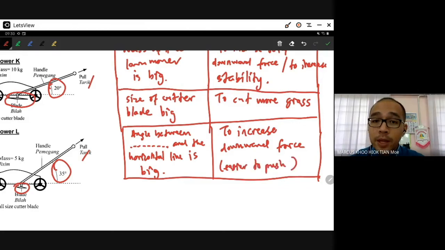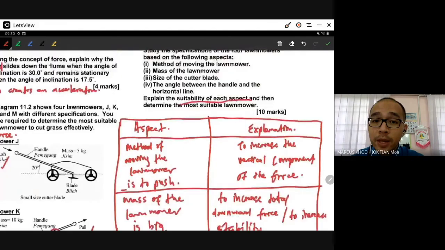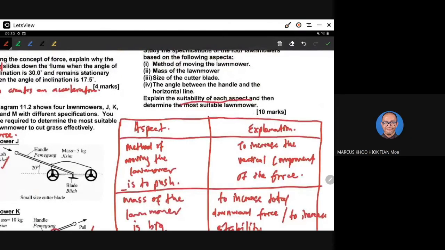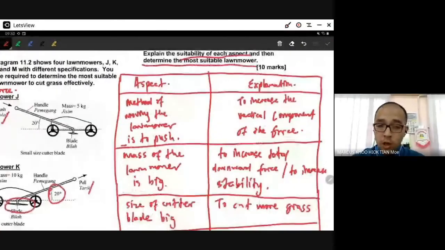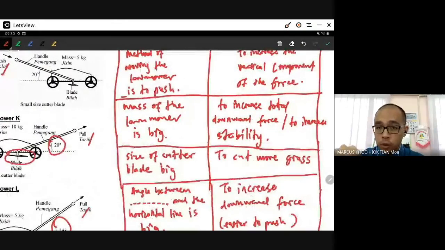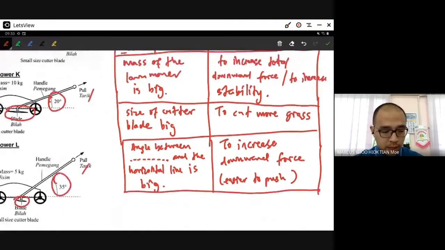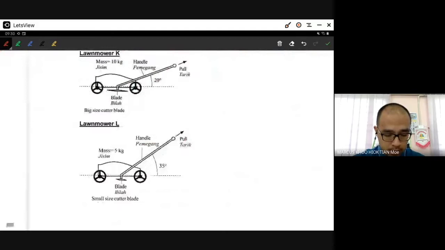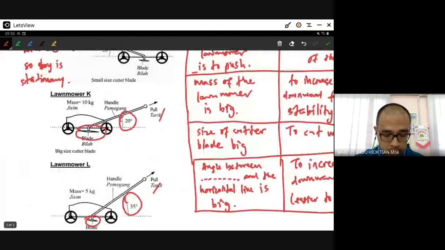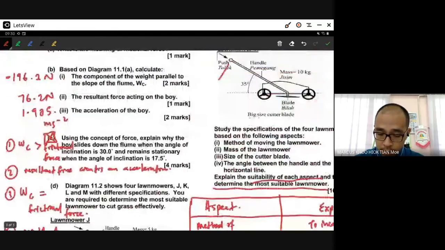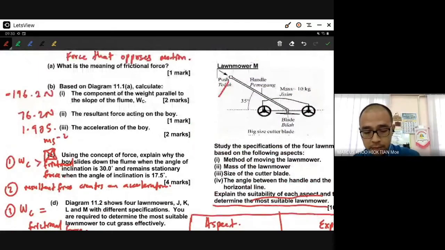Okay, so after you have done this entire table, then you have to determine the most suitable lawnmower. So which lawnmower has a push, and then the mass is big, and then the size of the cutter is big, and then the angle is big? Which one? Is it K? No, it's not K. It's probably M. And it is a push.